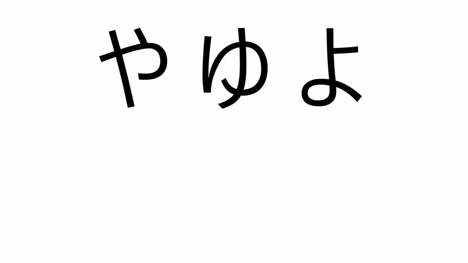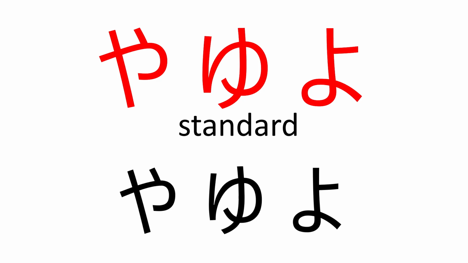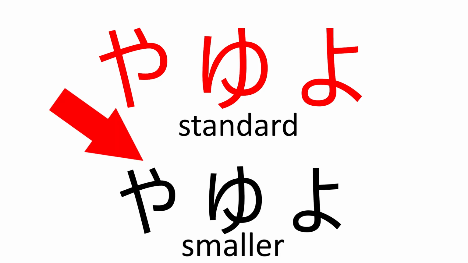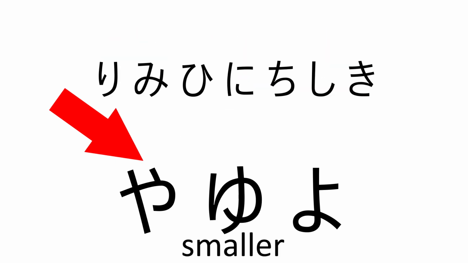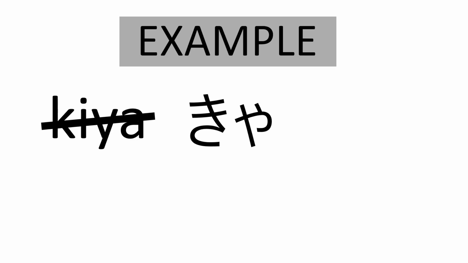These characters are a bit special. They have two forms. The first one is the standard form, and the second one is smaller. And when you use the smaller form behind one of the I characters, you can change the sound of the vowel. For example, when you have ki and put a smaller form of one of these characters behind it, for example ya, you don't get ki ya, you get kya.